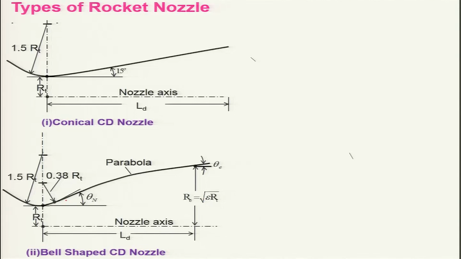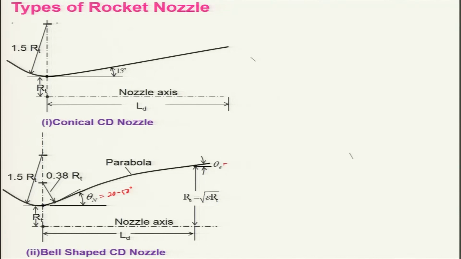In this case, the divergence angle is changed from the throat to the exit such that the divergence effect will not be there. As a result, the divergence correction factor will be very, very small. This theta n is a much higher value of theta near the throat, something around maybe 20 to 50 degree, whereas in the convergent divergent nozzle it is generally restricted to 15 degree.